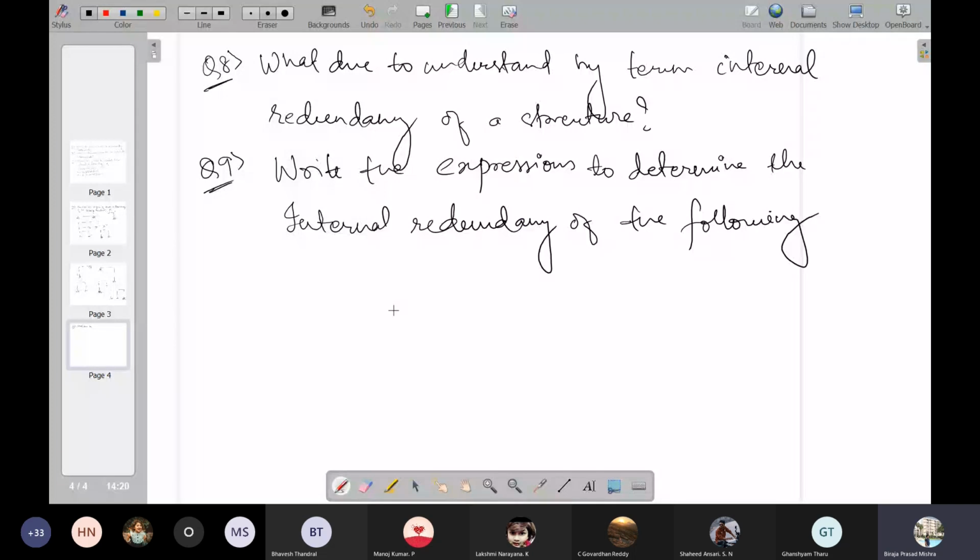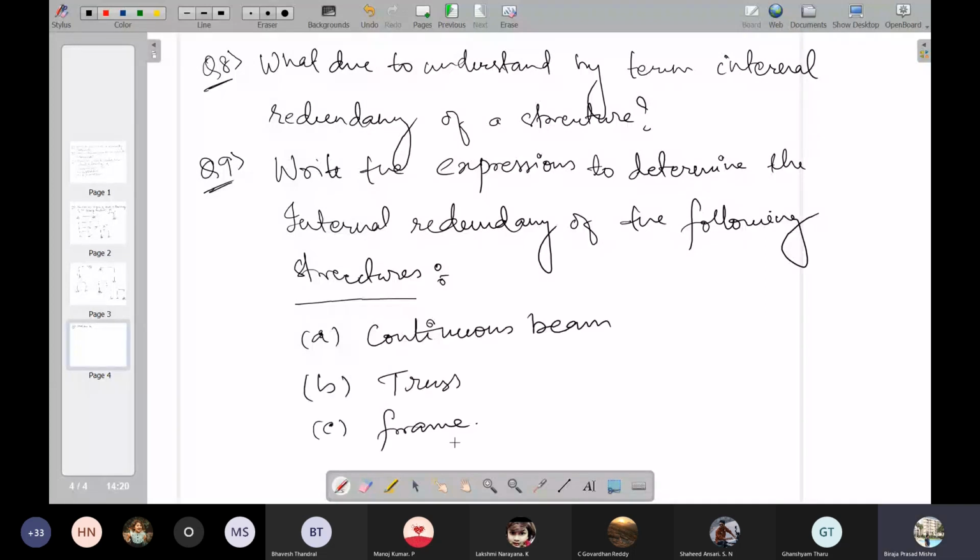Okay, so the first one is A, a continuous beam. The second one is a truss. The third one is a frame. Okay, next question.